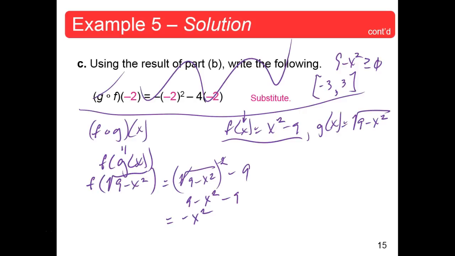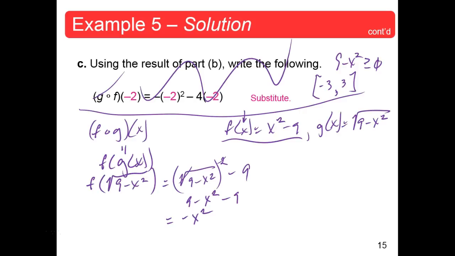So your domain is still limited by plus or minus 3. Even though looking at that you would say that's all real numbers, because up here x had to be between -3 and 3, the x still has to be between -3 and 3. You can't expand it once it was limited there; it's still limited here.